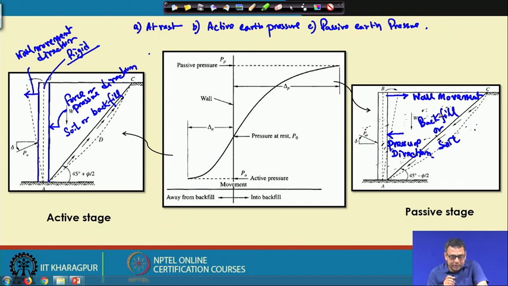Now, you can see that the pressure the wall is subjected to at rest and during the active condition will not be the same, because at rest the wall has to be very rigid, since you have to resist this force such that there will be no movement. But in the active condition the wall is allowed to move.